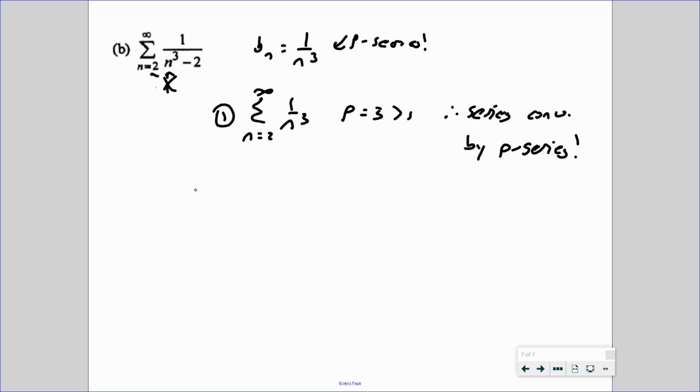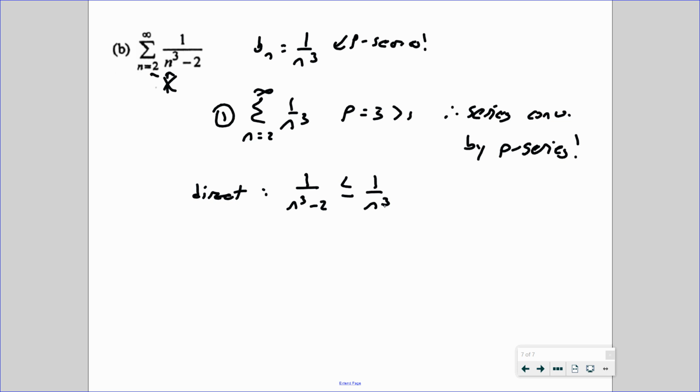Now, let's try direct here. Because this converges, I want to see if 1 over n cubed minus 2 is less than or equal to 1 over n cubed. I want to see if that's going to be true right there. Well, let's think about this. Think of any fraction.